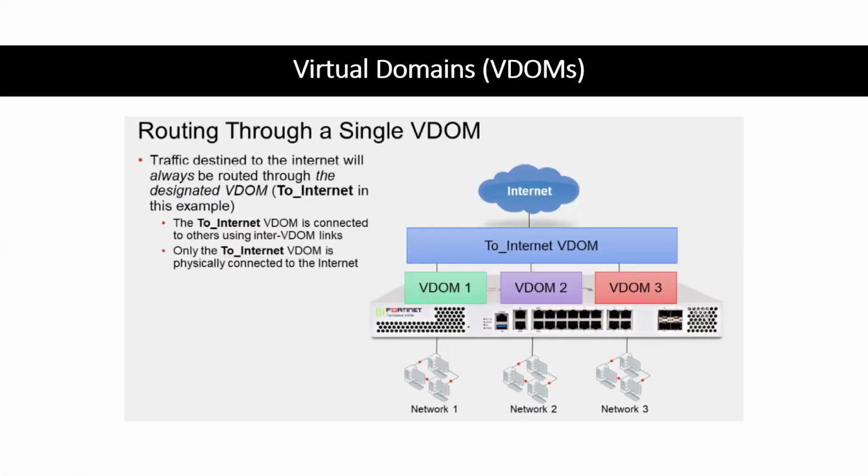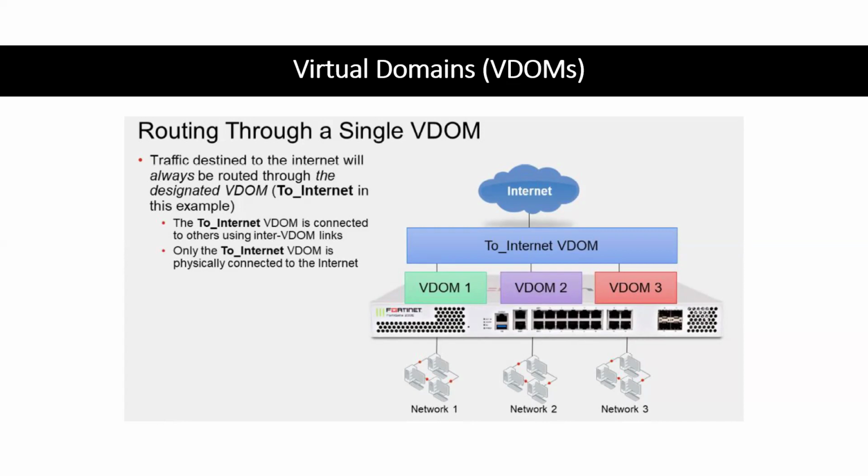All right, so how does routing work through the VDOM? On the previous slide you saw that each network, each VDOM, sends its traffic through the VDOM and then it's routed up to the internet. So let's break that down a little bit.